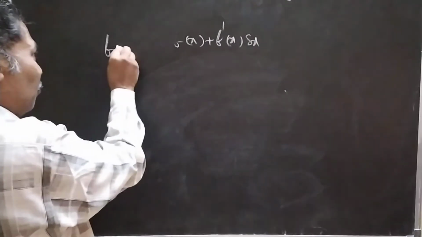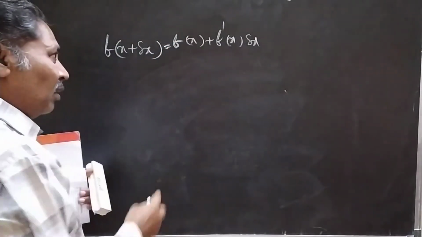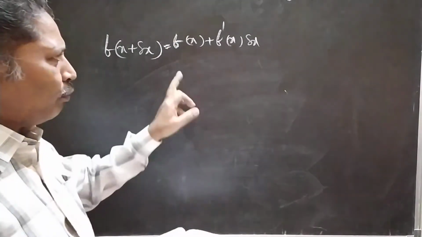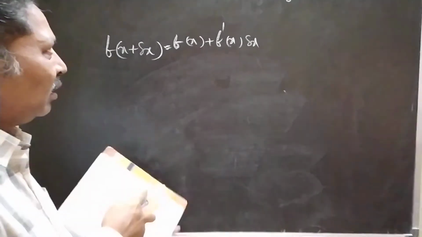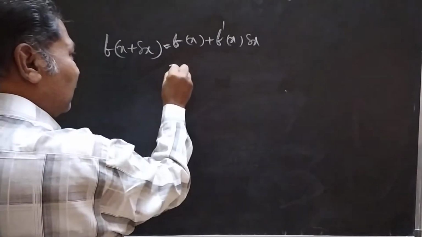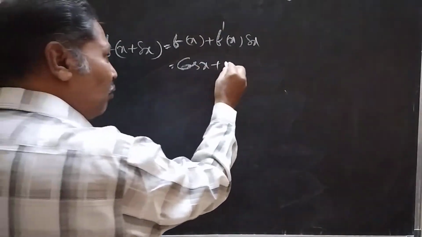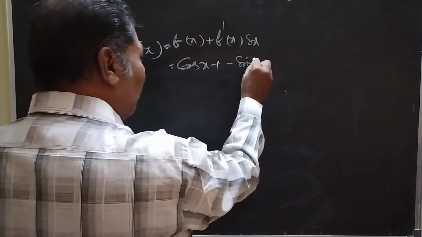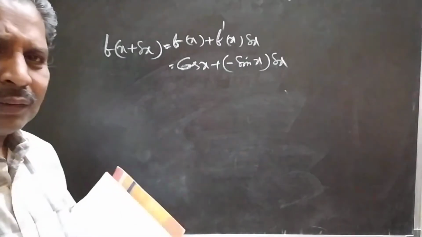So f of x plus delta x equal to f of x plus f dash x into delta x. f of x is cos x. Derivative of cos x is minus sin x into delta x.